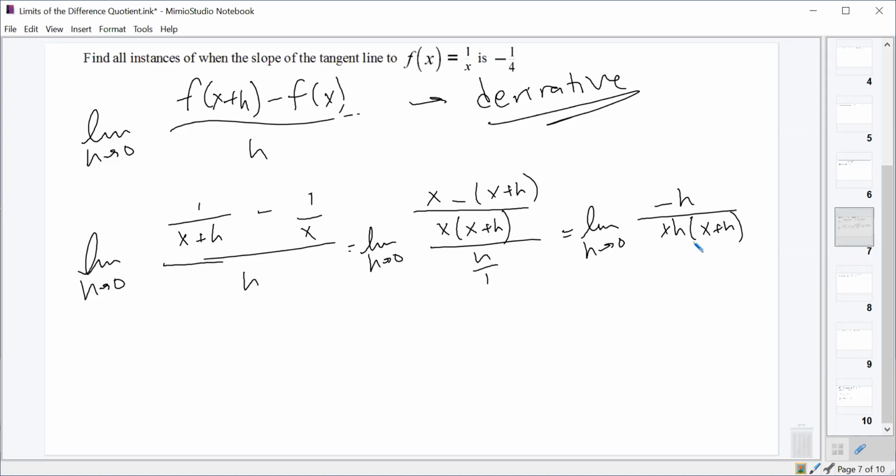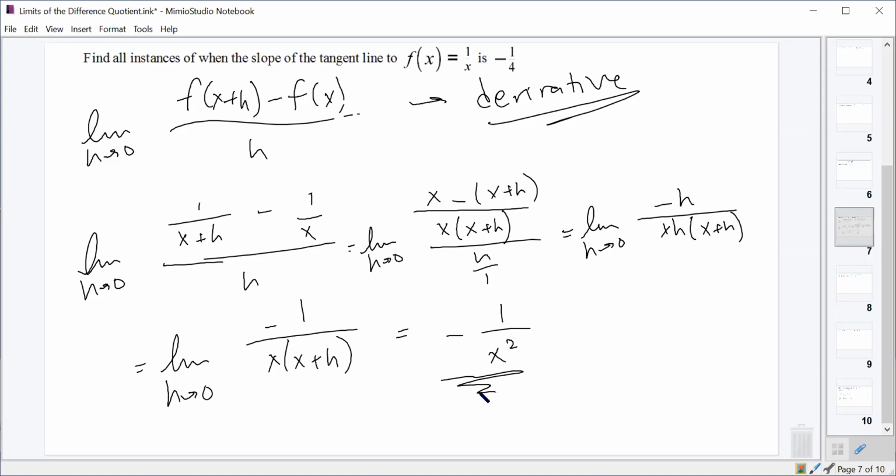All right, the h's will cancel, and we end up with the limit as h approaches 0 of -1 over x times x plus h. And as h goes towards 0, what does that become? x times x, x squared. Yeah, it should become -1 over x squared. Right. So this is the derivative of 1 over x.